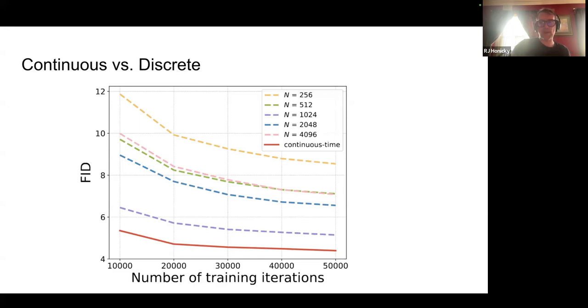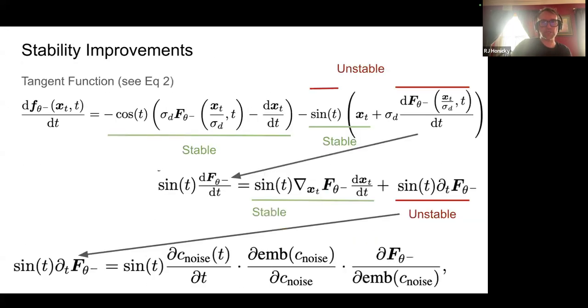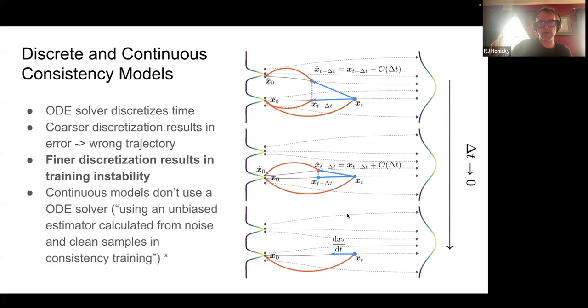Whereas now they're able to. So this intuition that they have right here is that if I have only a few steps, the time delta between them is very big, then I'm going to have a lot of error in my tangent calculation, right? So this tangent is that tangent that we talked about.